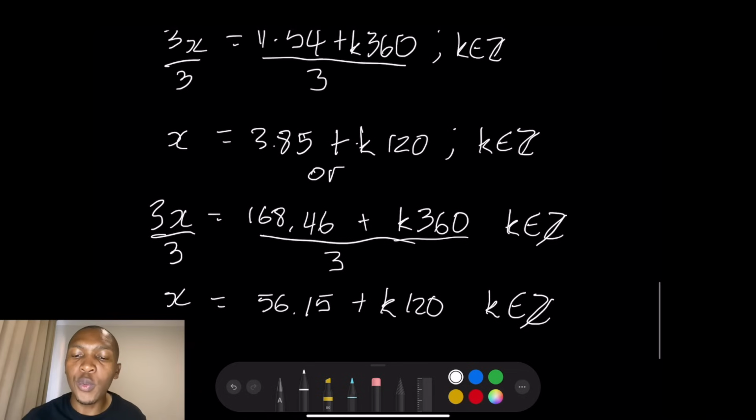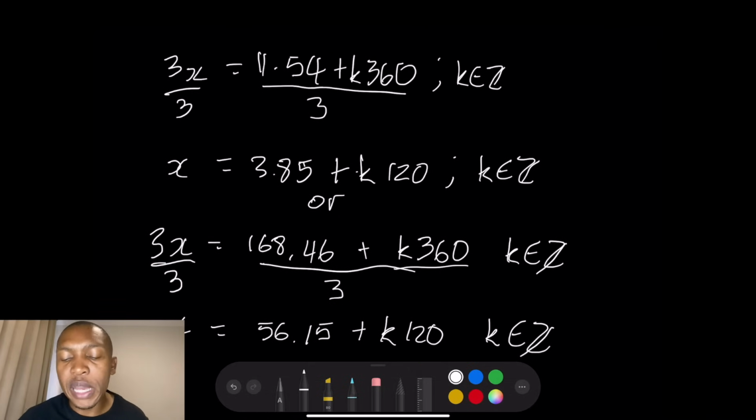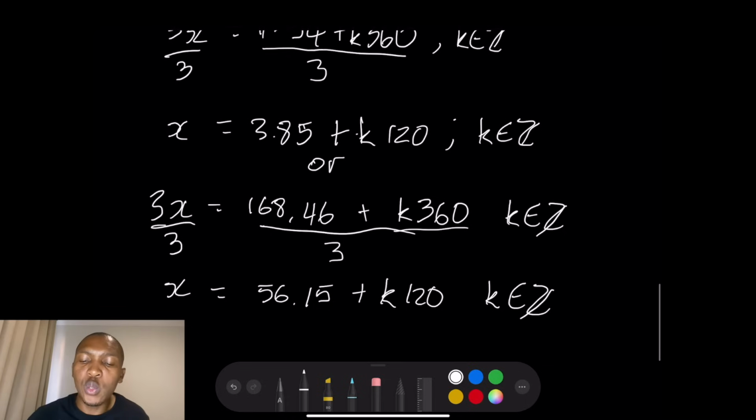So that is how we would solve that. I wish it was possible to put them side by side, but those are the two general solutions that we would have for sine. So that is how you're going to tackle it all the time.